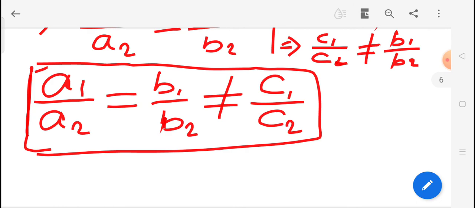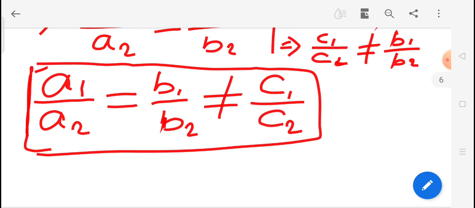Now using these things, in the unique solution case the slopes of both lines are not going to be equal. So from that we can convert and get the condition a1 by a2 is not equal to b1 by b2.